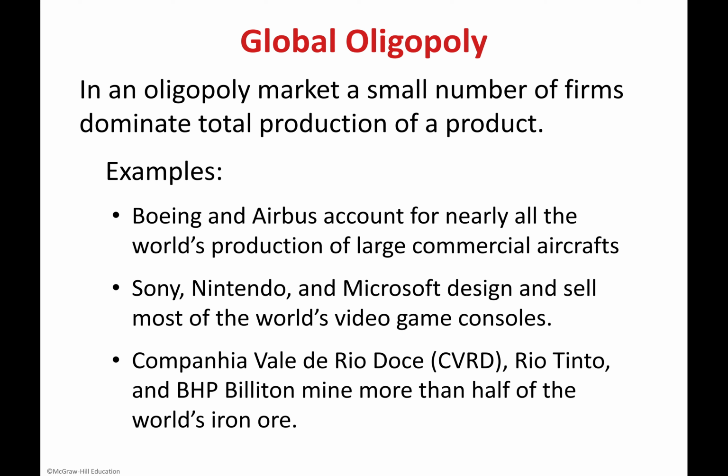And iron ore companies that mine iron ore, there are very few of them. So there's Companhia Vale do Rio Doce, which I believe is a Brazilian company, Rio Tinto, and BHP Billiton. Billiton is an Australian company. They mine more than half of the world's iron ore.